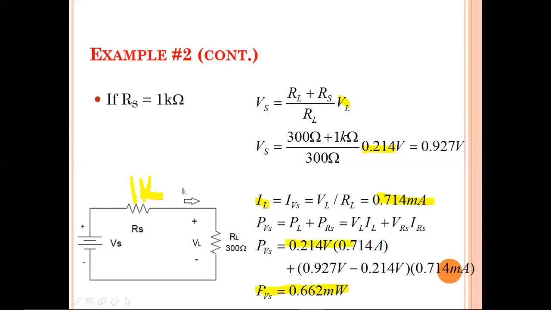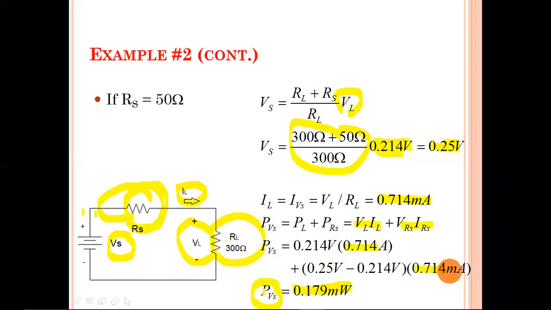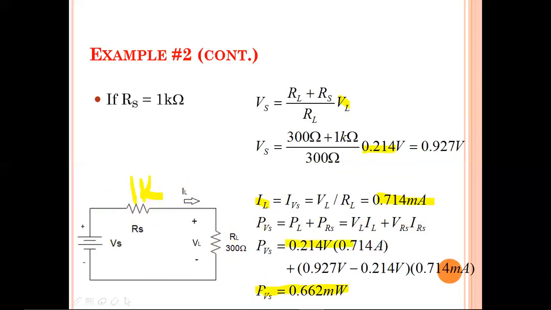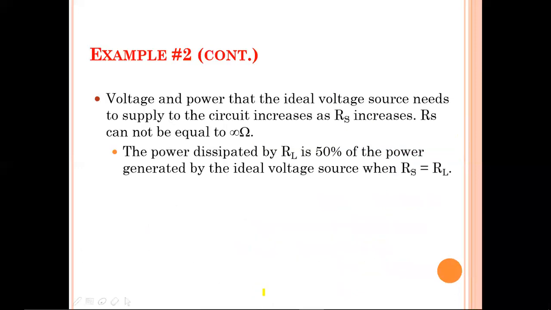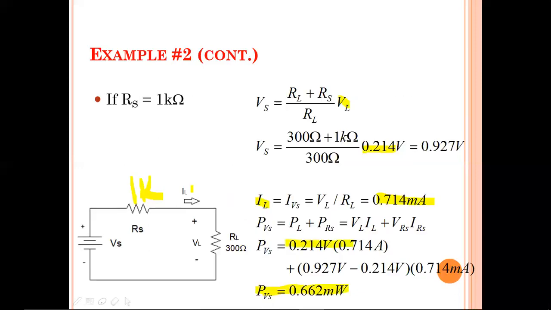If you compare all these cases, let me conclude by writing them here, then you will understand. Let me add these three cases.